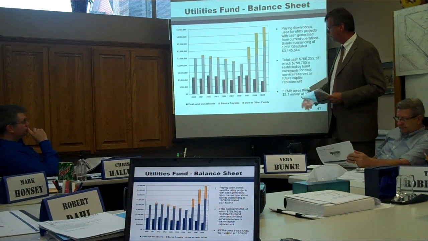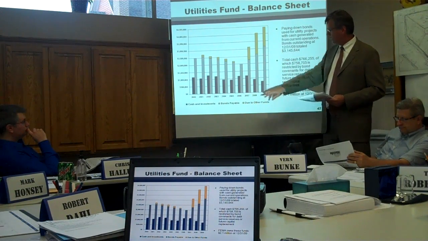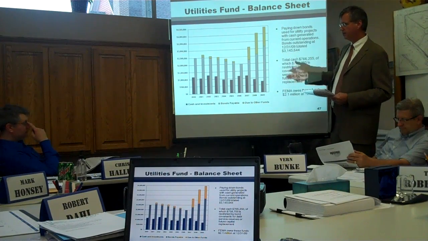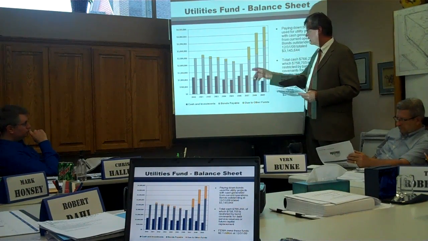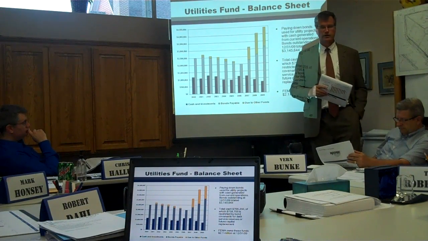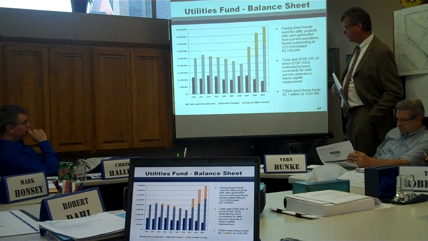Debt was getting paid down, and then you can see what happens after the flood. Cash goes the other direction. This is electric, water, and sewer on a combined basis. Cash goes the other direction, and debt goes up, and so does the due to other funds. So it's pretty clear what caused the problems from this slide.